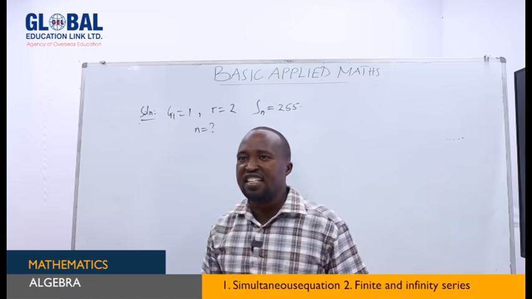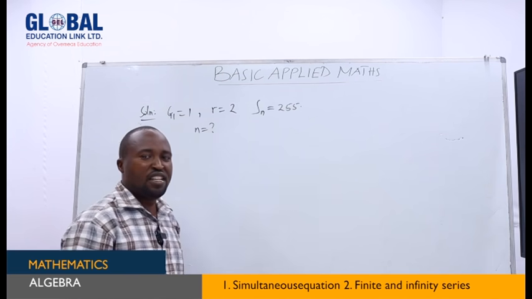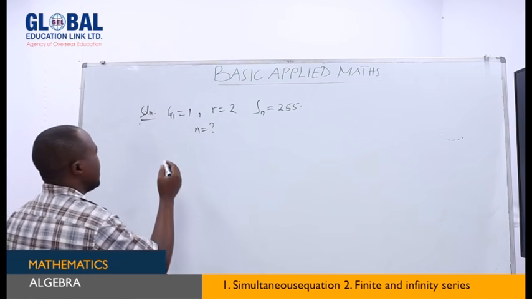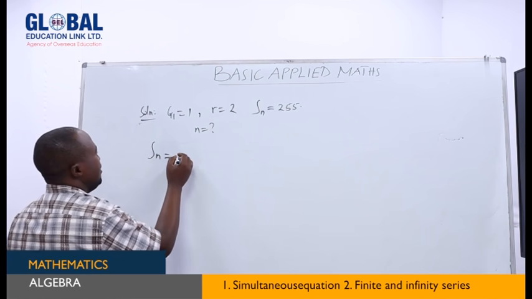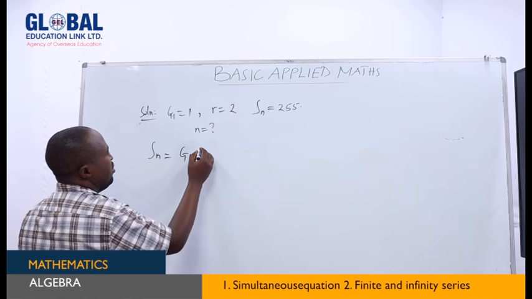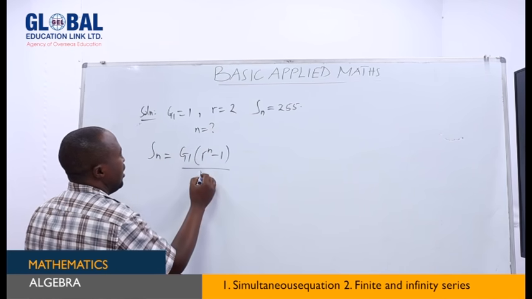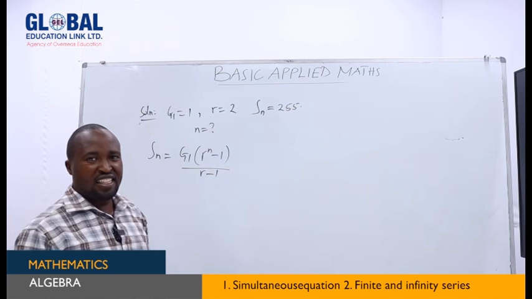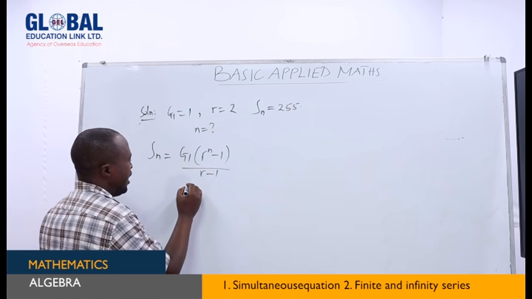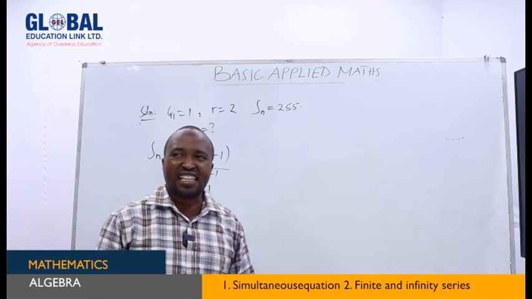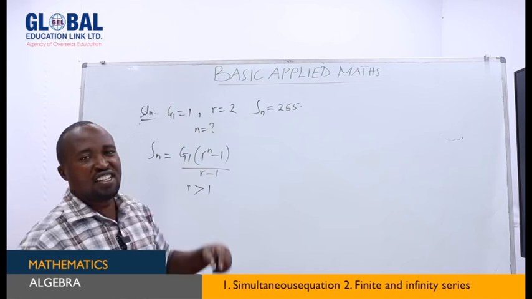That means we are going to find the value of N. Now remember the general formula for the sum of a geometric progression, which says S_N is equal to G1 times R^N minus 1, over R minus 1. That is when R is greater than 1. And of course here R is greater than 1.